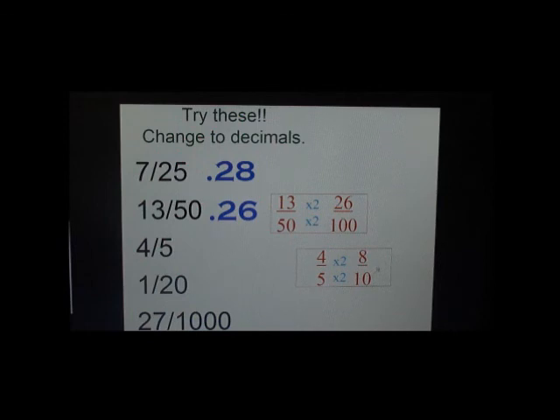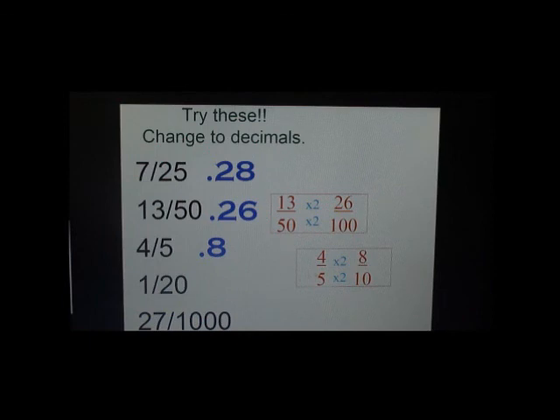So now it's just a matter of writing it as a decimal fraction. So that's really pretty straightforward. First, change it to a denominator that is in the decimal fraction category, and you only have to worry about tenths, hundredths, and thousandths, and then just rewrite it.